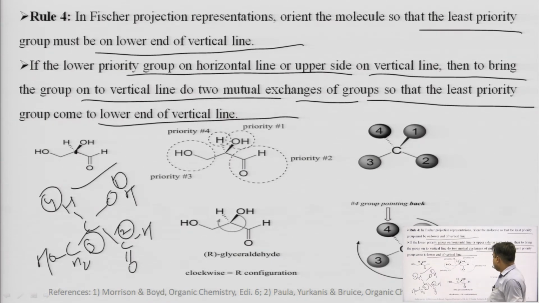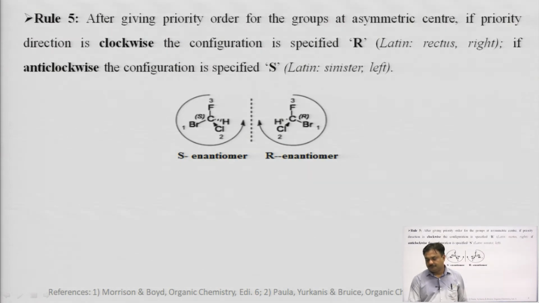This is R-glyceraldehyde. If rotation is clockwise, it is R configuration; if rotation is anticlockwise, that is S configuration. Here the fourth group is pointing back, so ultimately R configuration is there.